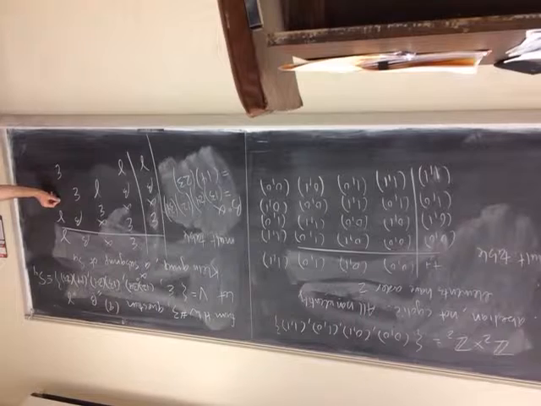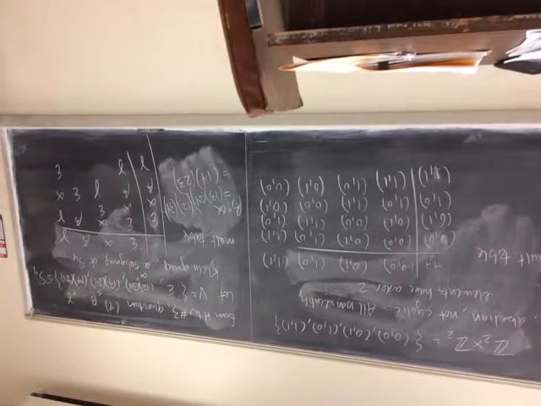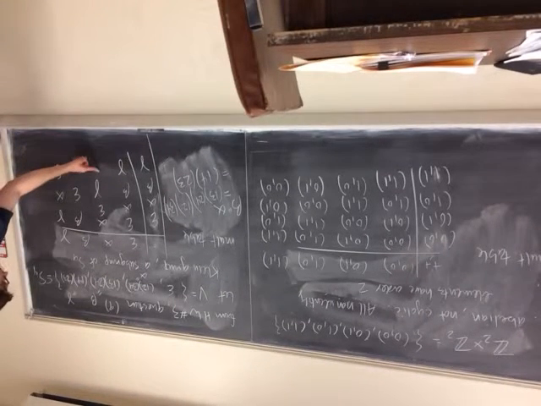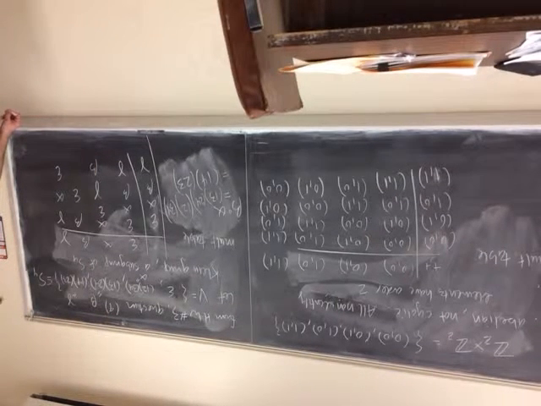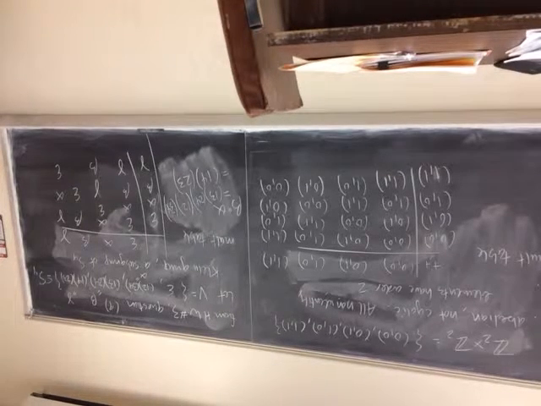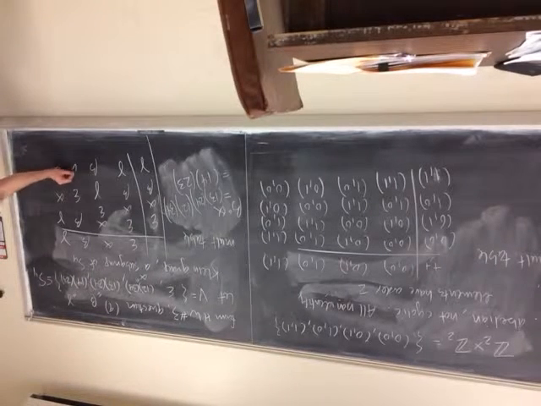And can you guess what this has to be actually? In any row of a multiplication table, you have to have every element appear exactly once. So this has to be beta, and this is alpha. Yeah, okay, that looks good.